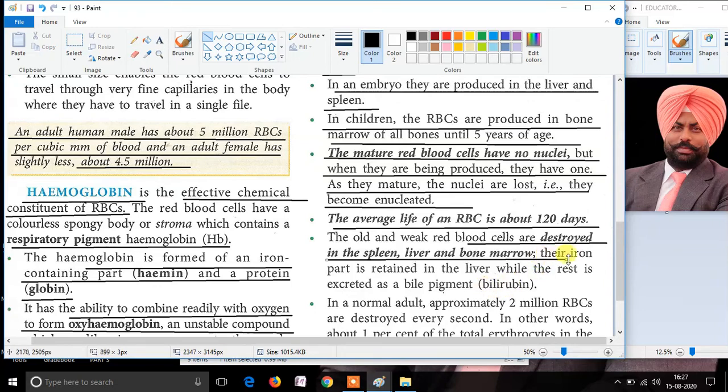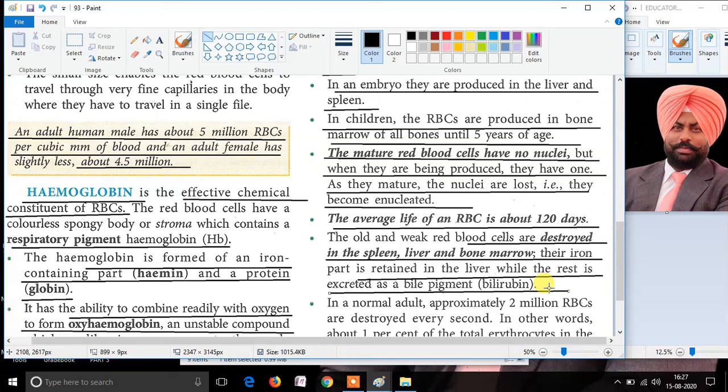The iron part of the red blood cells is retained in the liver, and these dead red blood cells excrete a pigment called bilirubin.